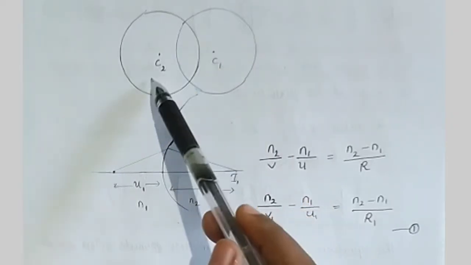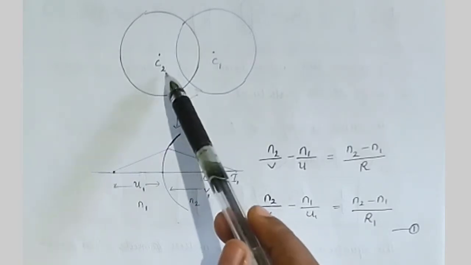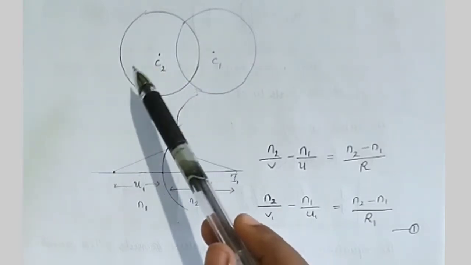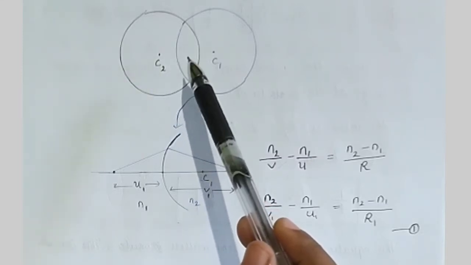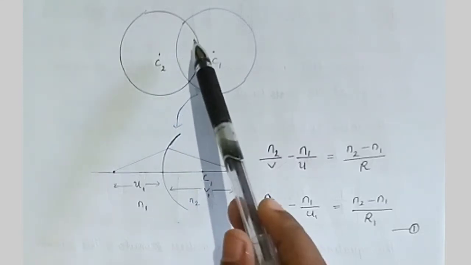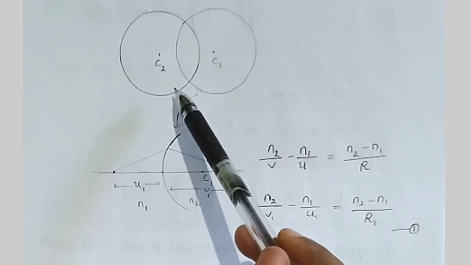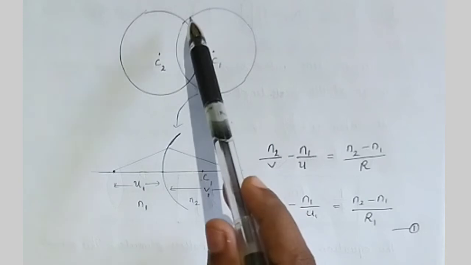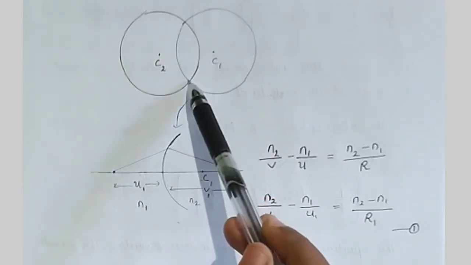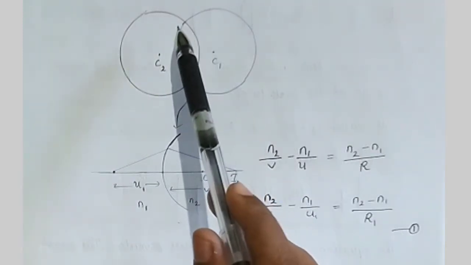So as we told, there are two spherical surfaces and two centers of curvature, and the light that is incident on the lens undergoes refraction twice through both the spherical surfaces of the lens. So let us first consider the refraction through the first spherical surface of our lens.